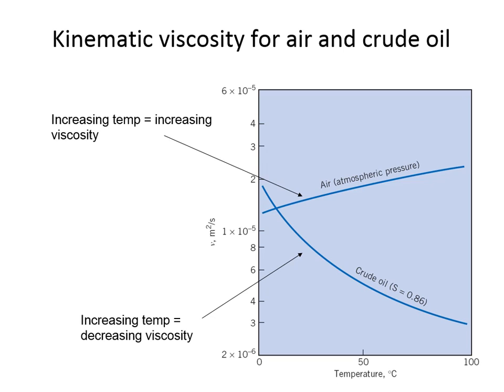And the way to interpret and understand that is that, remember, in air, the molecules are moving around, and as the temperature increases, they have greater activity, and that greater activity and increased collisions actually increases the viscosity of the fluid. Whereas in the case of liquids like oil, the increased temperature decreases the viscosity because those molecules are becoming less tightly bound to one another and more able to move about freely.